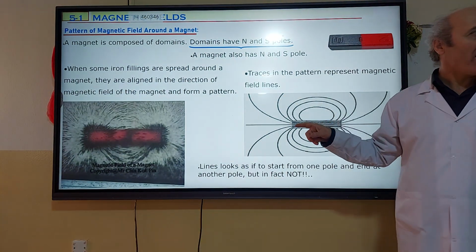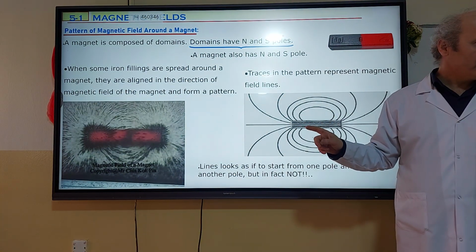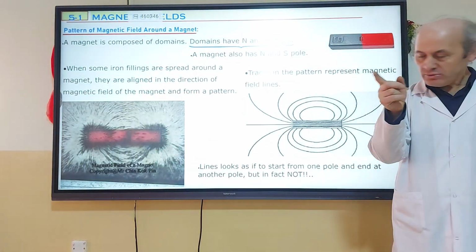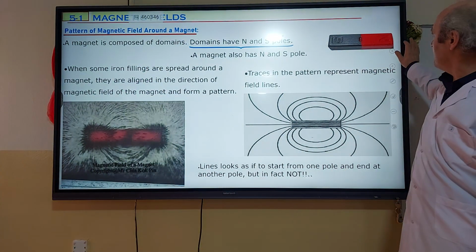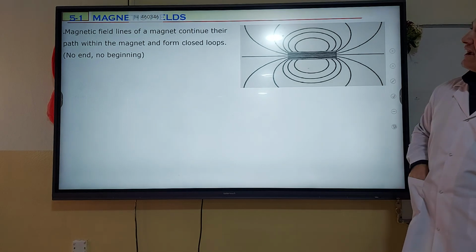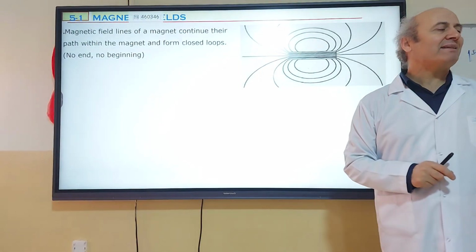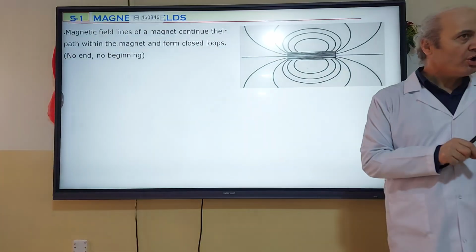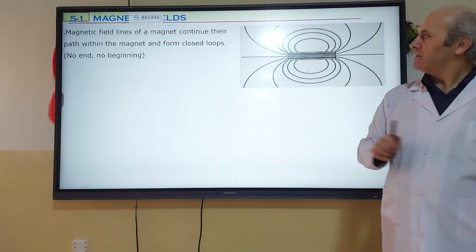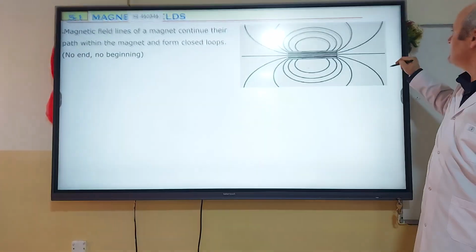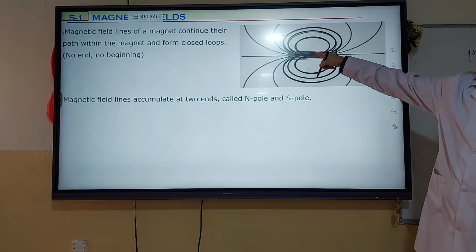They have no start, no end, because a loop has no start, no end. For that reason, we are going to say that the magnetic field lines of a magnet continue their path within the magnet, not only outside, they are also inside. So they form loops, no end, no beginning, like this.